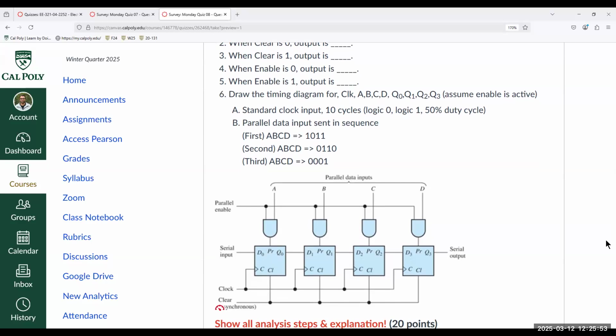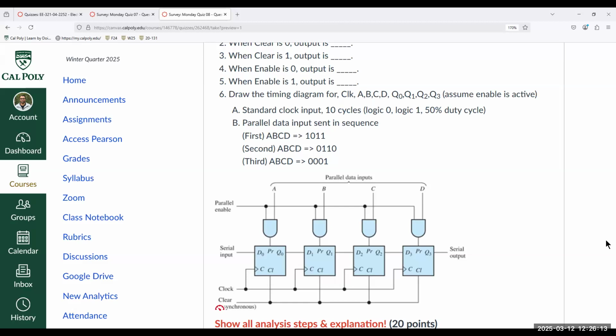If there's no bubble, it requires a 1. So when clear is 1, output is cleared to 0. And when clear is 0, output just stays in its previous state. That's it. And then enable is 0.